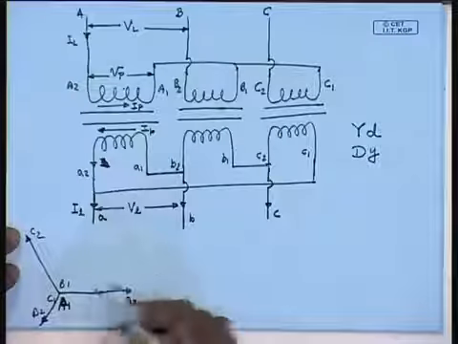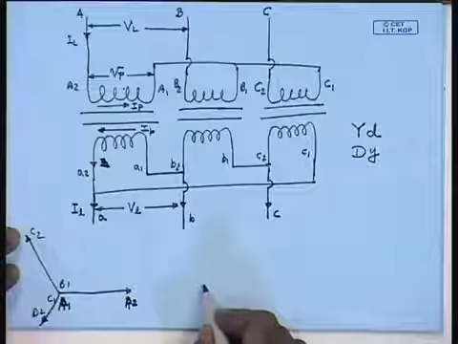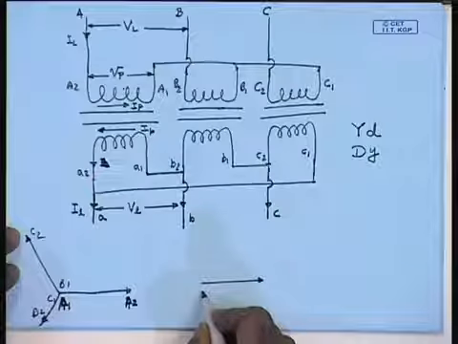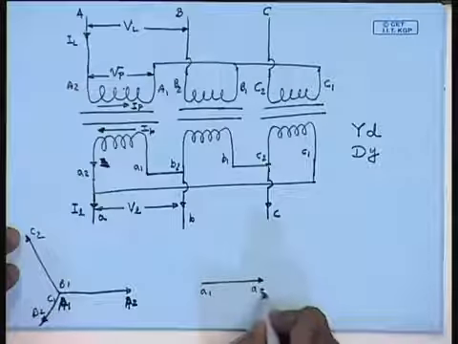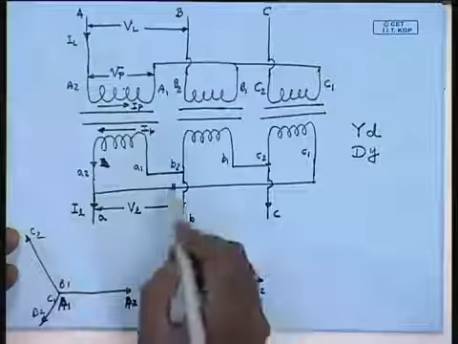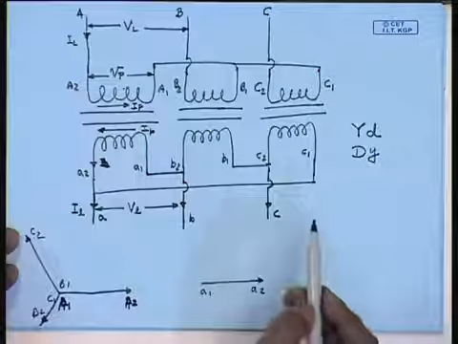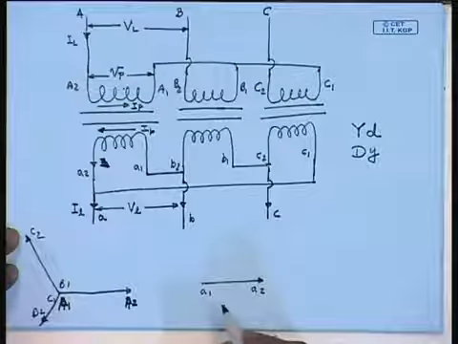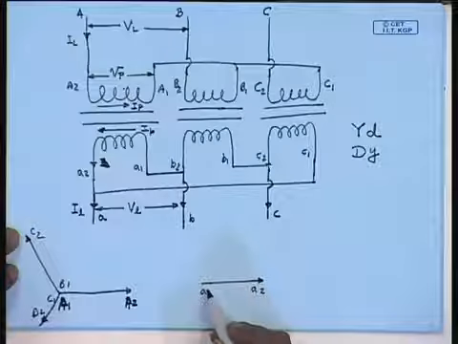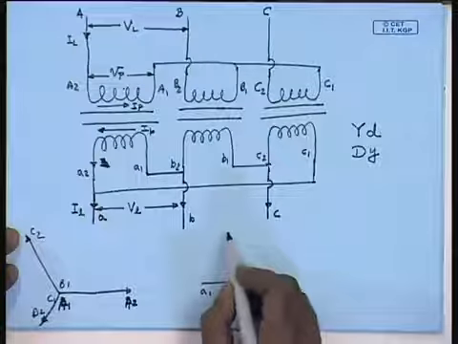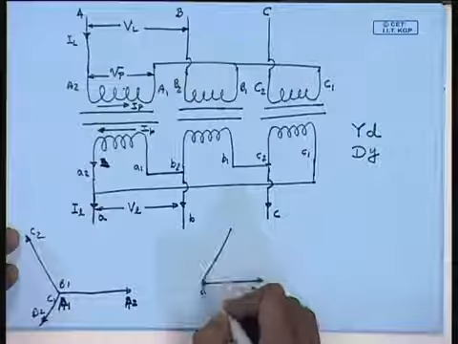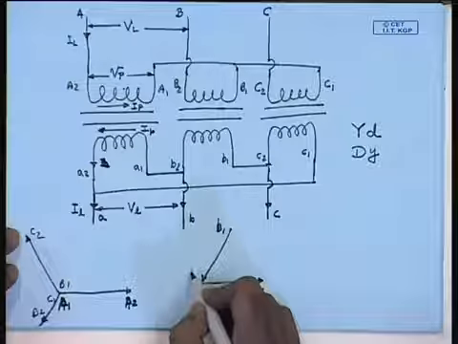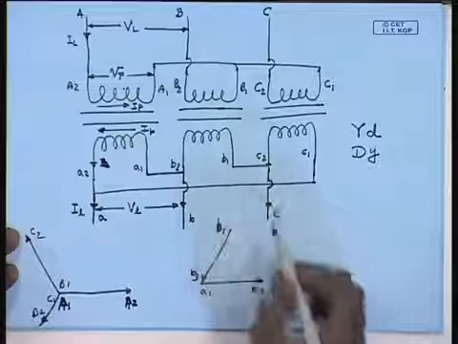So, the voltage V A1 A2, this is A1, this is A2. Now, on the secondary side, a1 is connected to terminal b2. So, this will be the phasor b2 b1 and b1 is connected to c2.